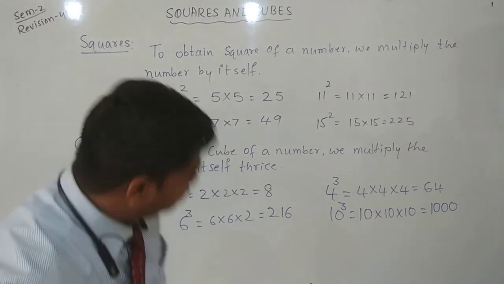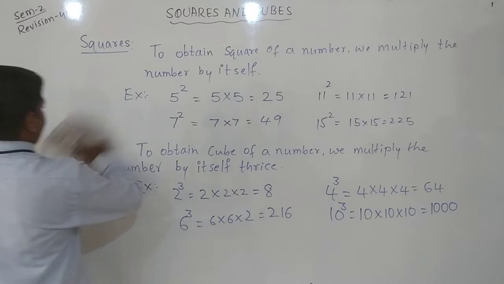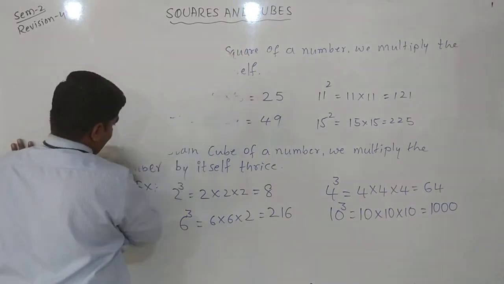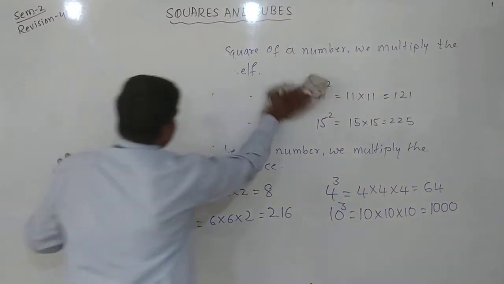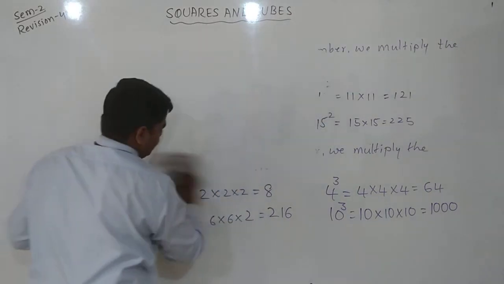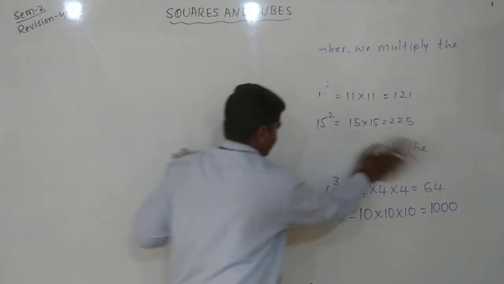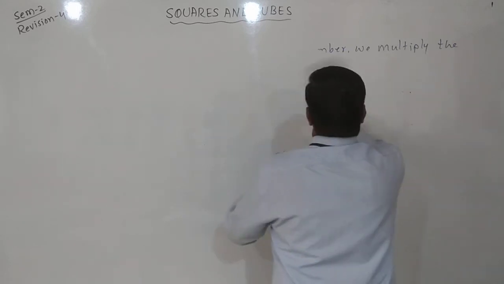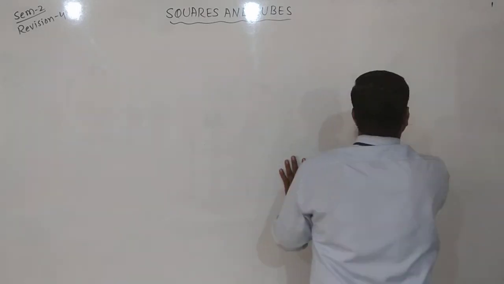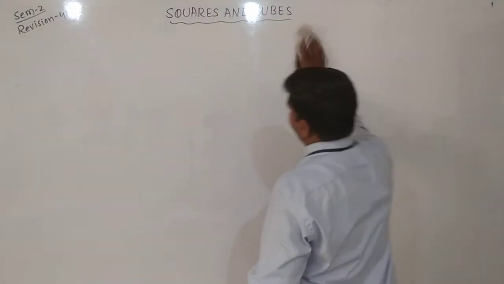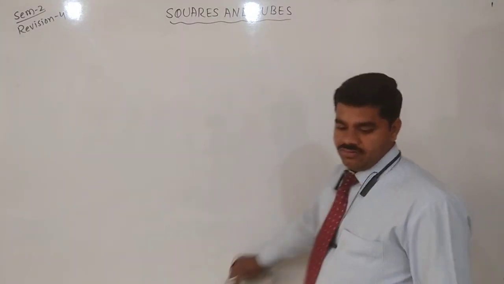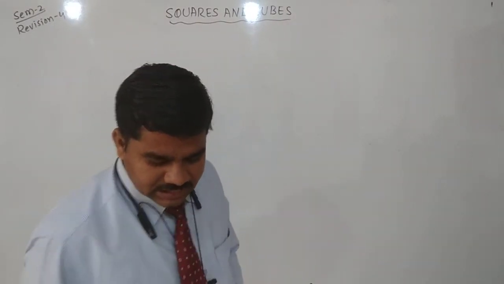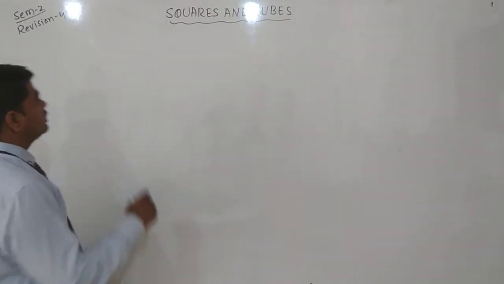It is very simple to get the square of a number or the cube of a number. Yes or no? I hope all are getting these points. Just find the squares of the numbers 1 to 20.